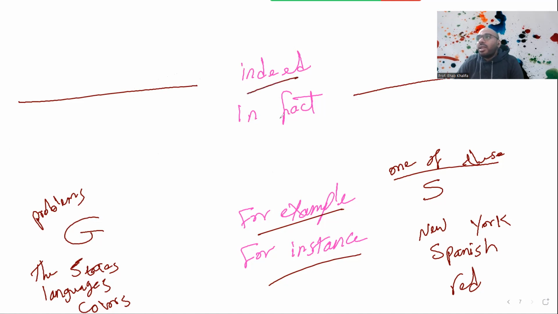So I say indeed or in fact. So indeed or in fact, almost to repeat the same thing. So what comes before is general, what comes after is general, or what comes before is specific, what comes after is specific. You almost say the same thing, you want to emphasize. So you use indeed or in fact.